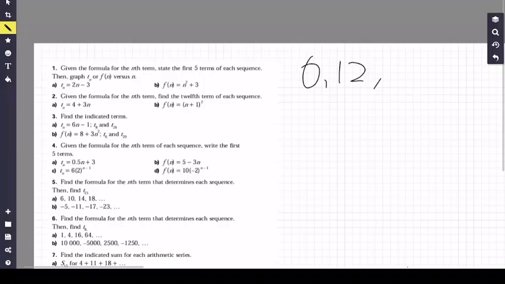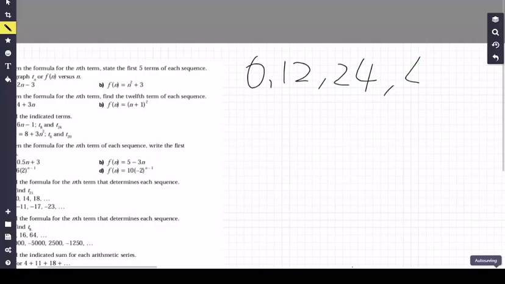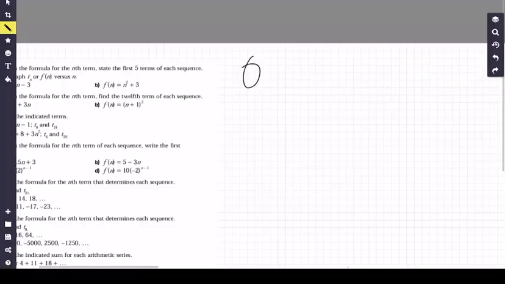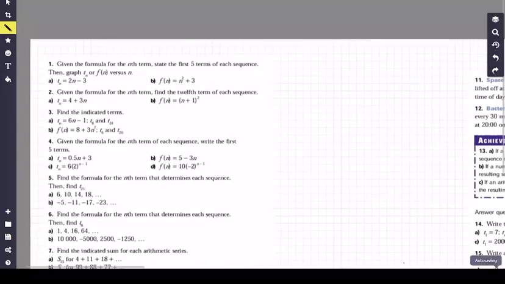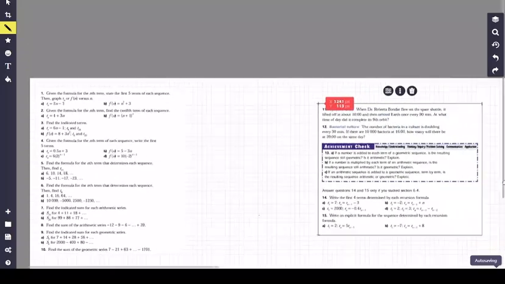So that'll be 4 times 6, 24. And 48, and 96. Right? Note our common difference. Sorry, our common factor right here. It's actually 4. You didn't notice.